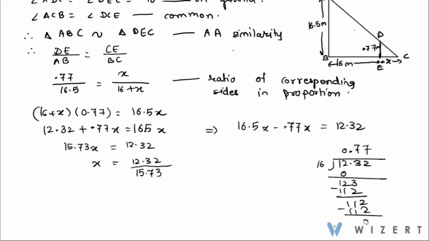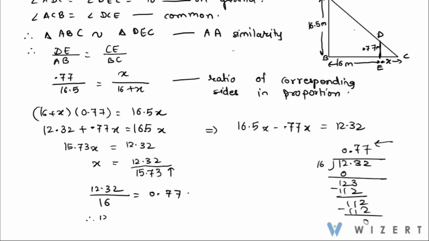So we get 0.77. And since we had increased the denominator, the result has decreased. So if we decrease it back to its original value, maybe 12.32 by 16 equal to 0.77.